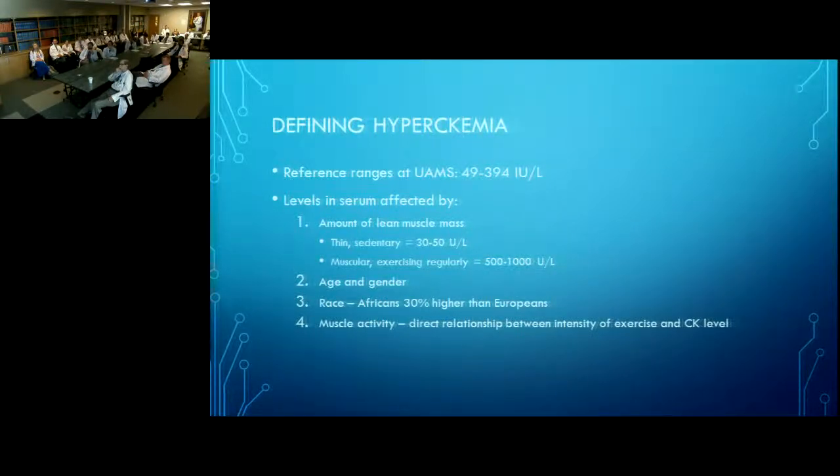So we know that several factors can influence the level of the enzyme. And this is primarily race, age, and gender. Several studies have shown that Africans have slightly higher levels of the enzyme, and it can correlate with the muscle mass also.